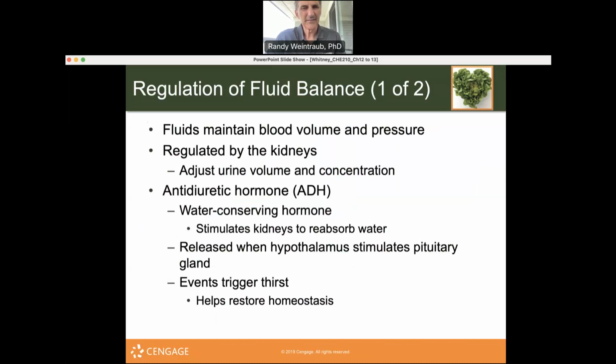It's released by the hypothalamus to stimulate the pituitary gland. And of course, there are events that trigger thirst, which indicates that we need to take in more water to continue to keep the fluid balance.